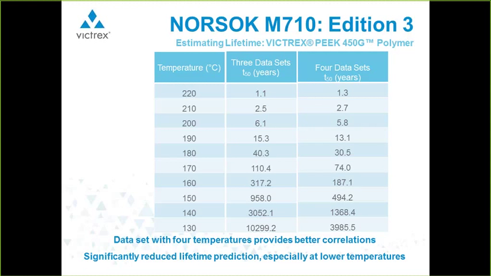4 data sets we know statistically provides better correlations, and interestingly, it provides a reduced lifetime prediction. So in some cases, that's reducing by nearly 50%. However, my sense would be that this is a more precise estimation of the lifetime of the material.